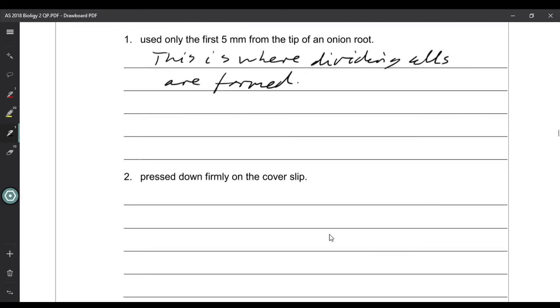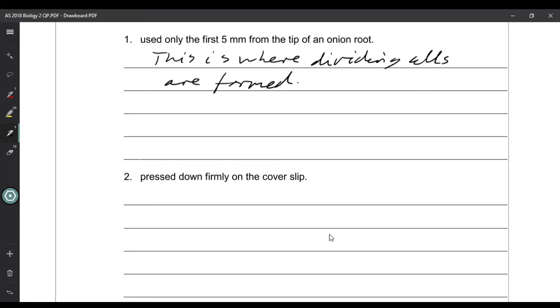Press down firmly on the cover slip. Now a lot of students for this question put about removing air bubbles or distributing the stain. That's not the case. The reason that we press down firmly on the cover slip is to make sure that we've got a thin layer of cells, because if we have lots of cells on top of each other, then there's going to be no light that's able to get through.